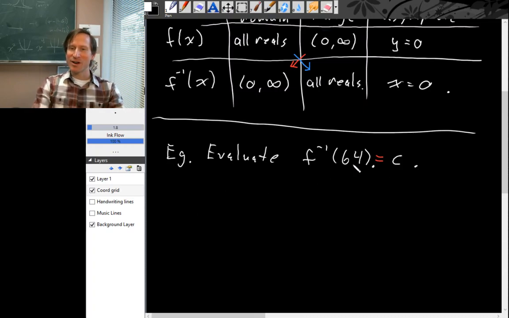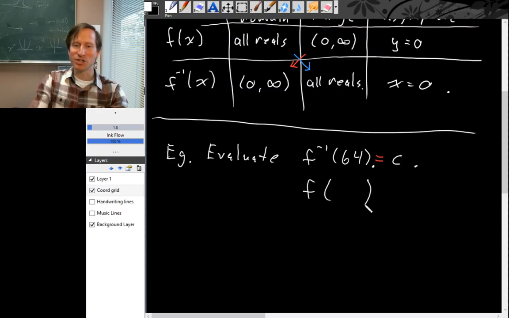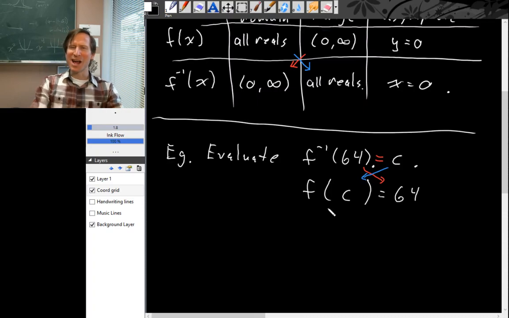But remember, an inverse function just switches inputs and outputs of the original function. So if we wanted to translate this into a statement about the original function, we could just switch inputs and outputs, like this. So f of c is equal to 64. But remember, f is the 2 to the something function, so f of c is 2 to the c.